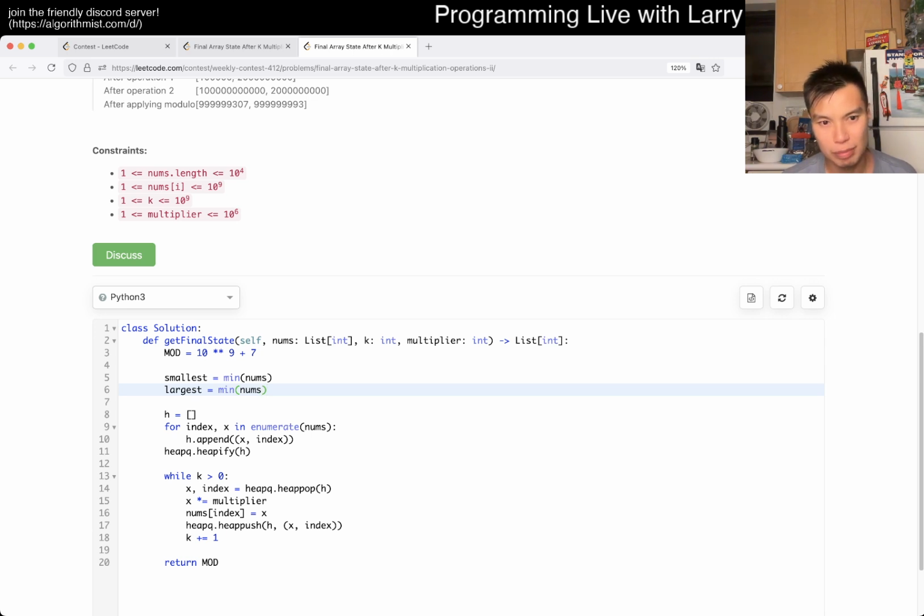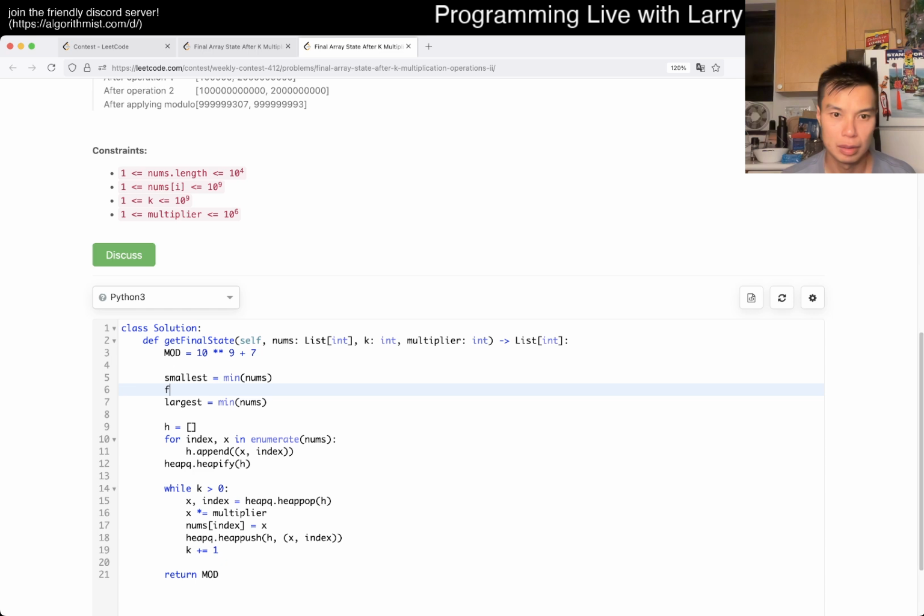So I want to get the index though. And it could have multiple same numbers, but yep, this is wrong, Larry. Okay, so then now we do this.